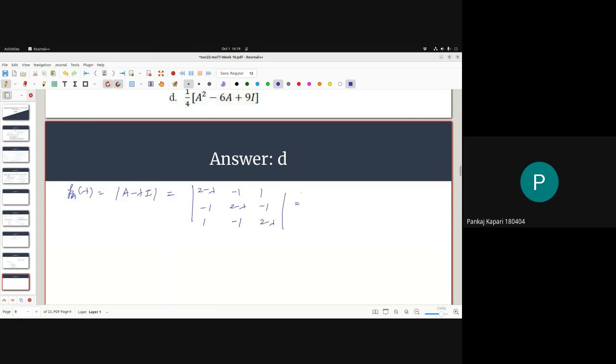Okay, so we'll get this here if you expand from the first row.